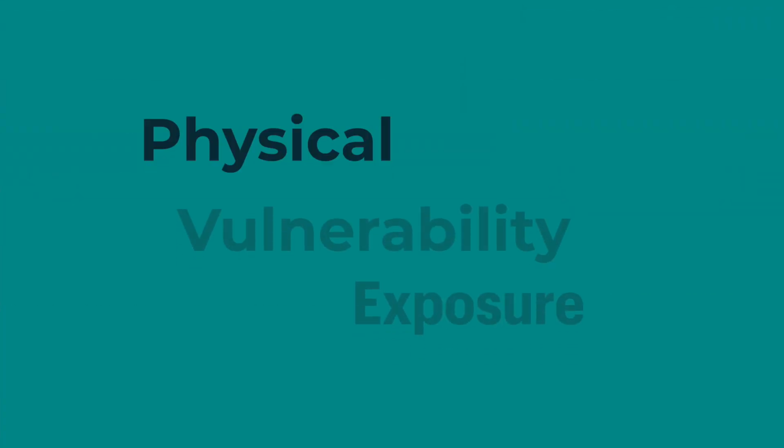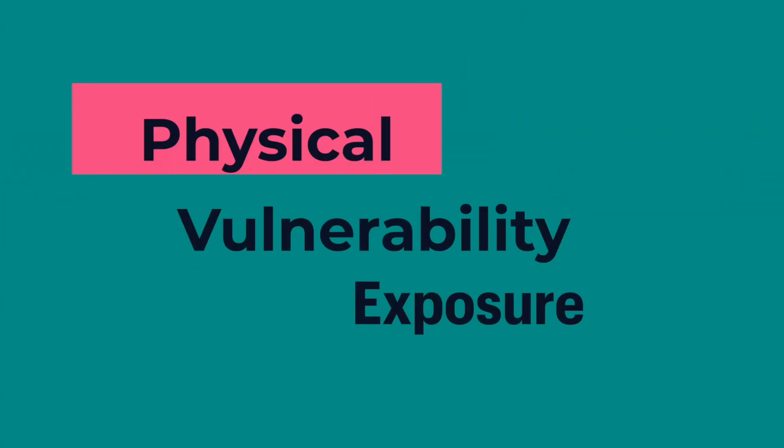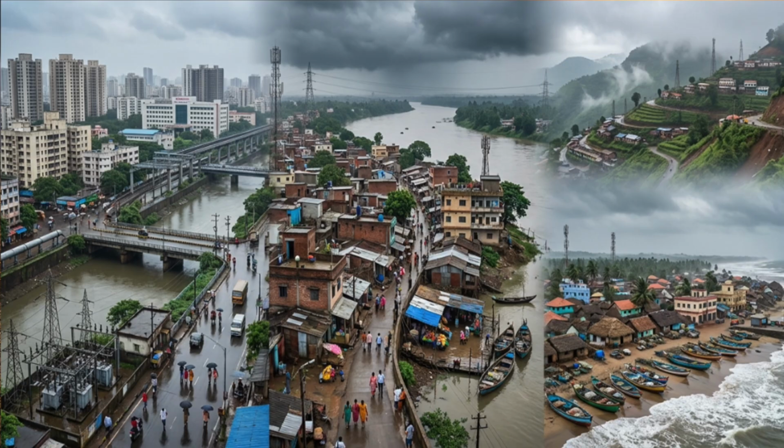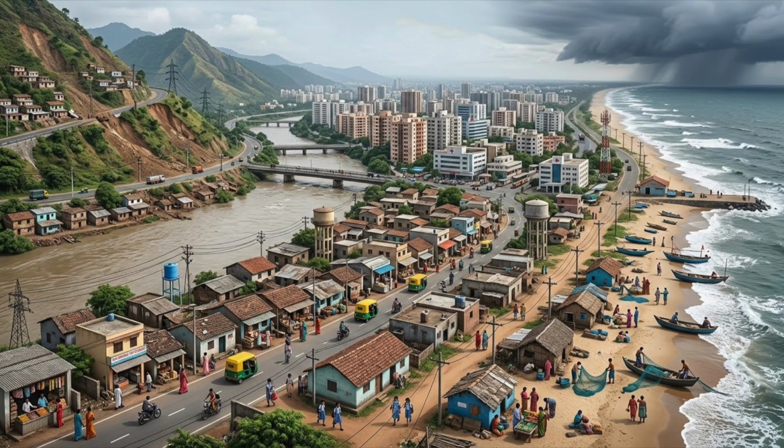Now, let me explain to you the physical vulnerability and exposure. As I mentioned, exposure is the condition of human presence, assets and infrastructure in regions that are prone to hazards. So exposure is automatically high and this leads to physical vulnerability.